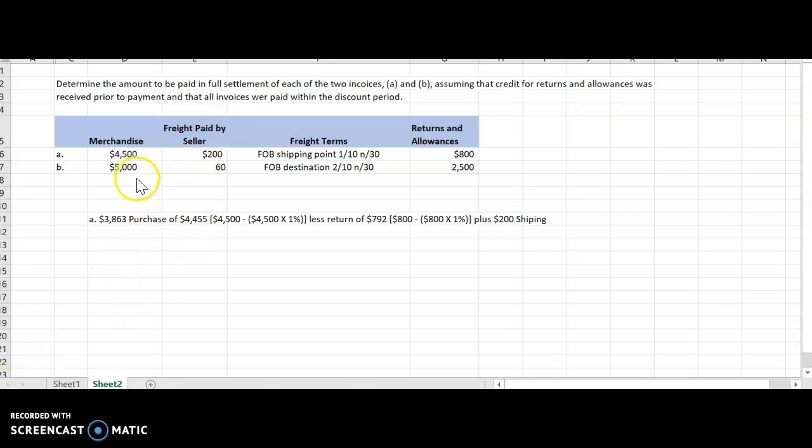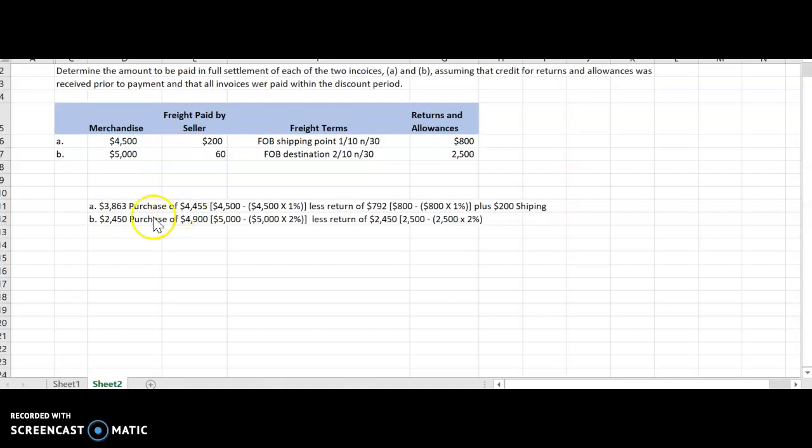So let's look at letter B. This one is FOB destination. Now that means the seller is going to be the one to pay that, so we will not add the freight to our inventory cost. It will be everything the same as we just talked about, except for adding the shipping back. So you have a purchase of $4,900 because you had a $5,000 purchase and you subtracted out, this time you had a 2% discount, so that would be $5,000 minus a $100 discount.